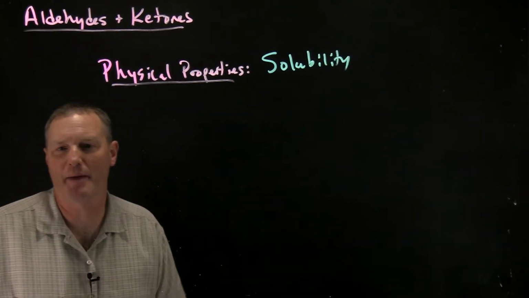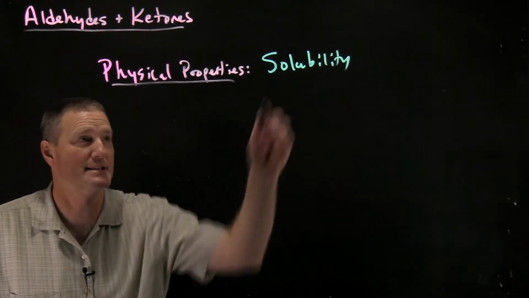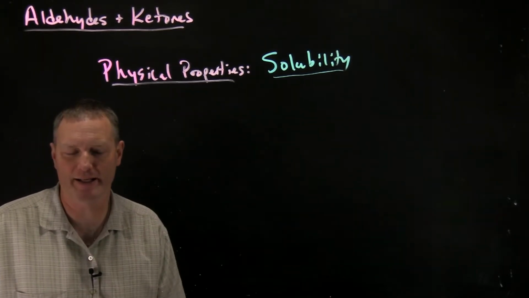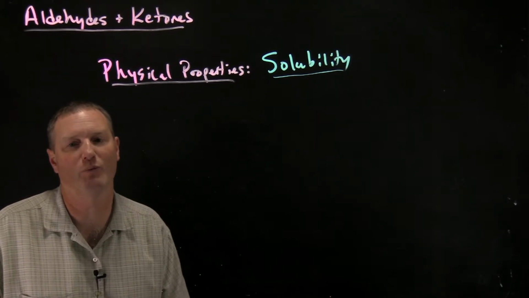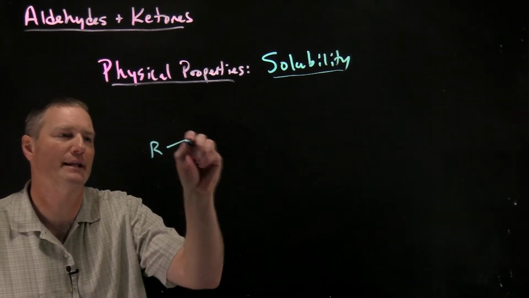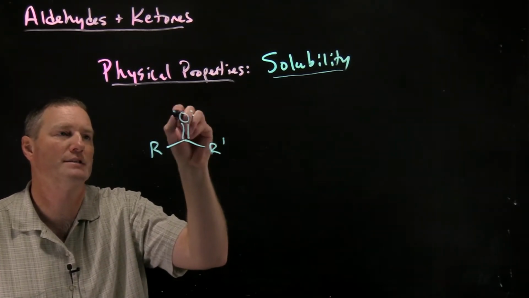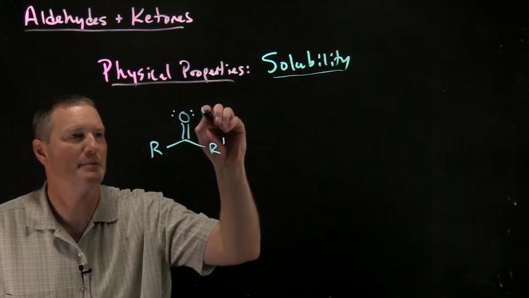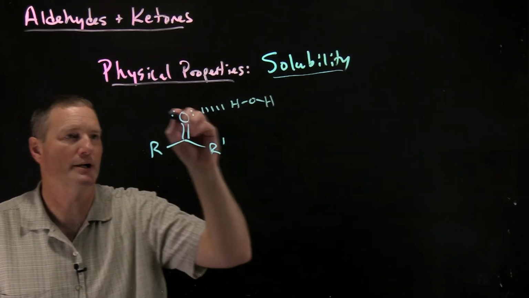So another physical property that's affected by the polarity of aldehydes and ketones is the solubility. When we talk about solubility, what we're really talking about is the ability or inability of a molecule to dissolve in water. So a compound that has a carbonyl in it, if I were to draw this out showing the lone pair of electrons on the oxygen, this has the capability of forming hydrogen bonds to water.